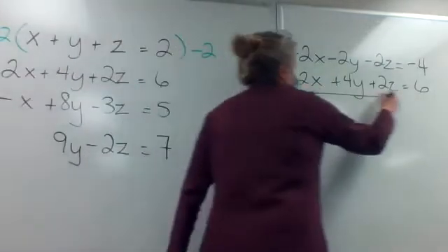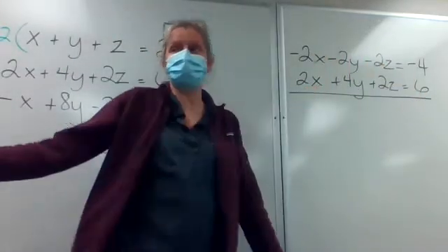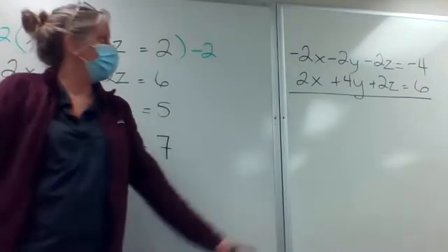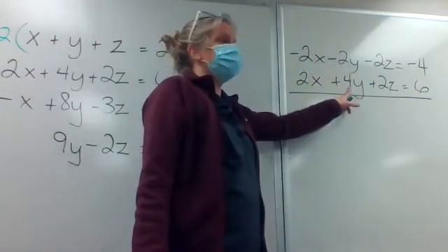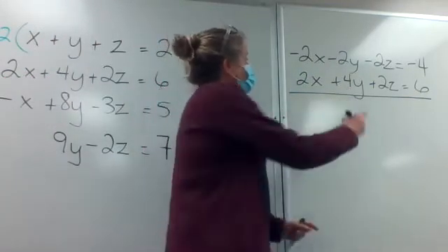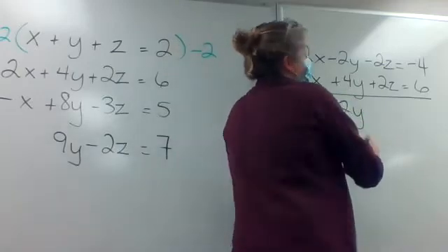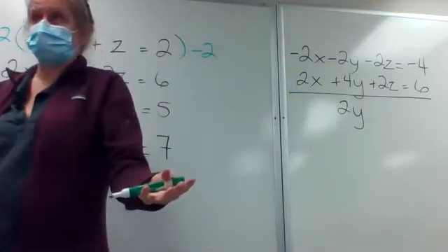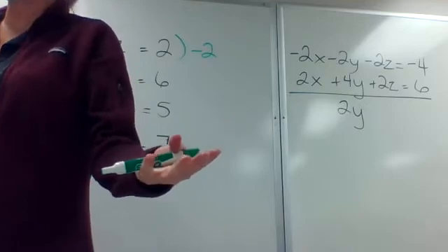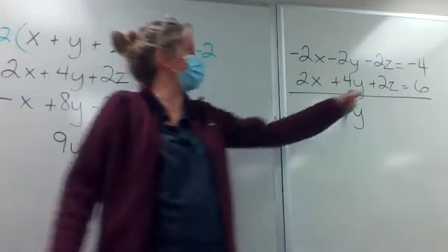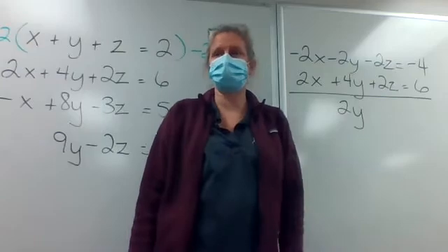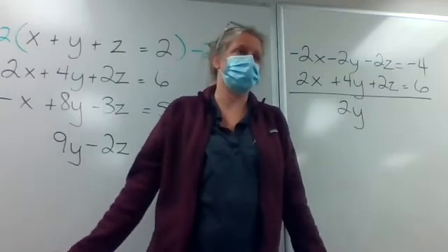So add these together. Again, my x's eliminate, which is the reason we did it. -2y plus 4y is positive 2y. Now, this is very fortunate. This doesn't always happen. It's extremely rare. What's going to happen to your z's also? They're also going to cancel.